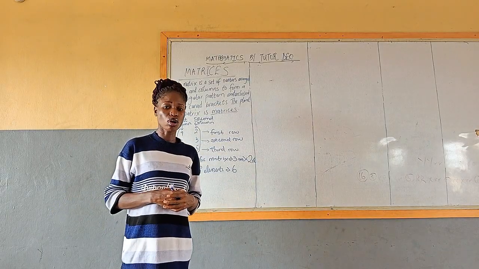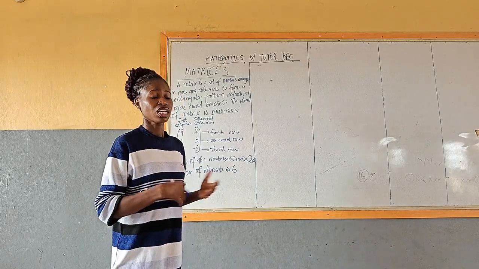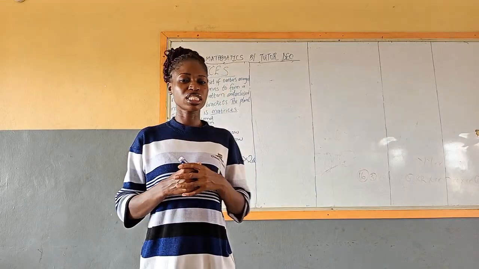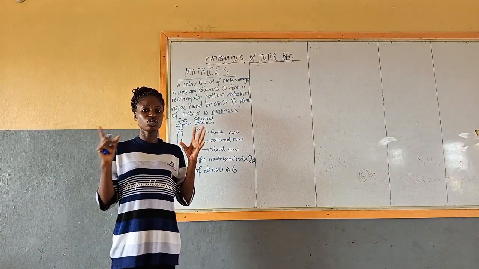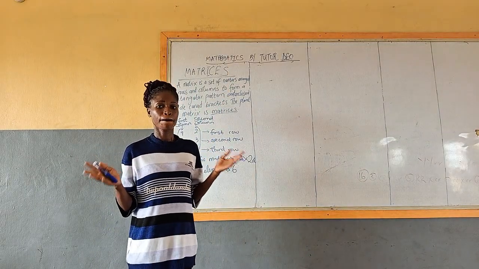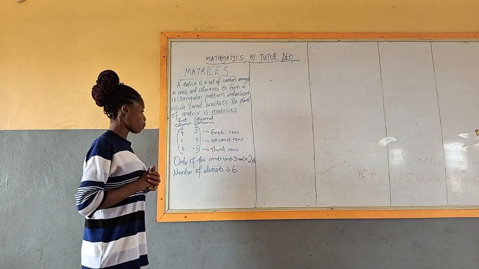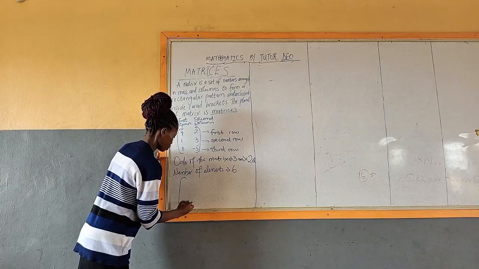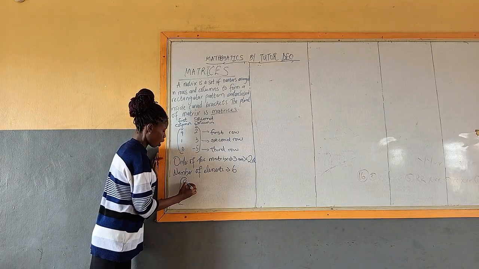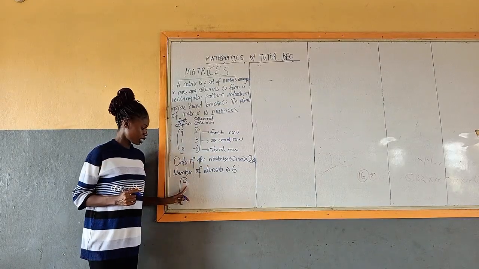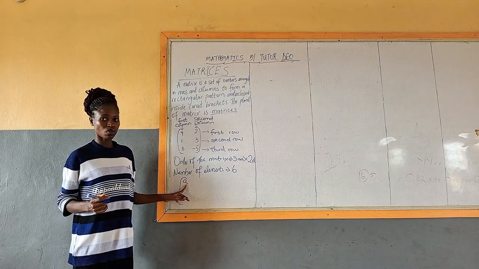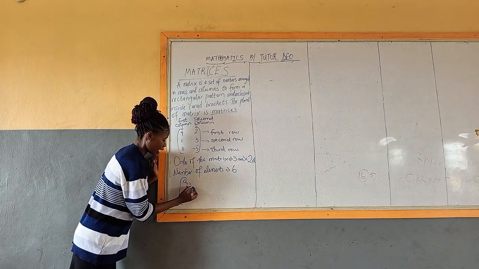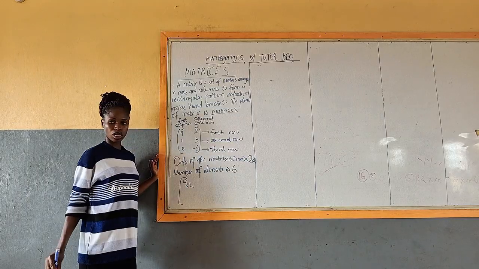Now, also, we want to quickly discuss the different types of matrices. But before then, let's quickly discuss how to identify the notations of each matrix. For example, in this matrix here, A11, that is, this one, the first one here represents the row, and the second one represents the column.